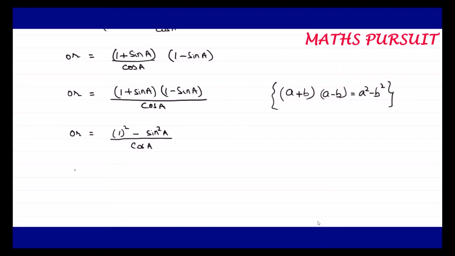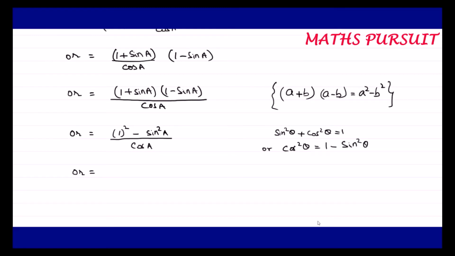Or that is equal to, what can I write? Guys, we very well know the popular identity of trigonometry: sin square theta plus cos square theta is equal to 1. Or I can write cos square theta is equal to 1 minus sin square theta.